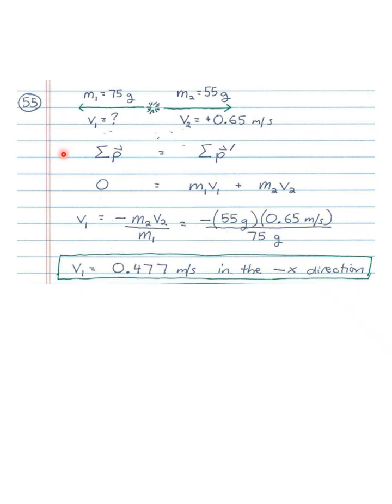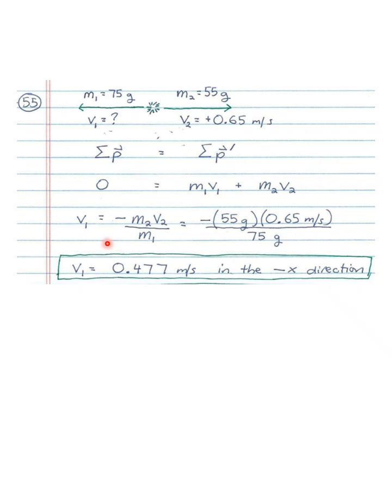We're going to use conservation of momentum: the total momentum before the action is the total momentum afterward. So before the action, the rock is at rest, so there was 0 momentum, equals, after the action, m1v1 plus m2v2. And we want to solve for v1, the velocity of the one that I've designated m1.